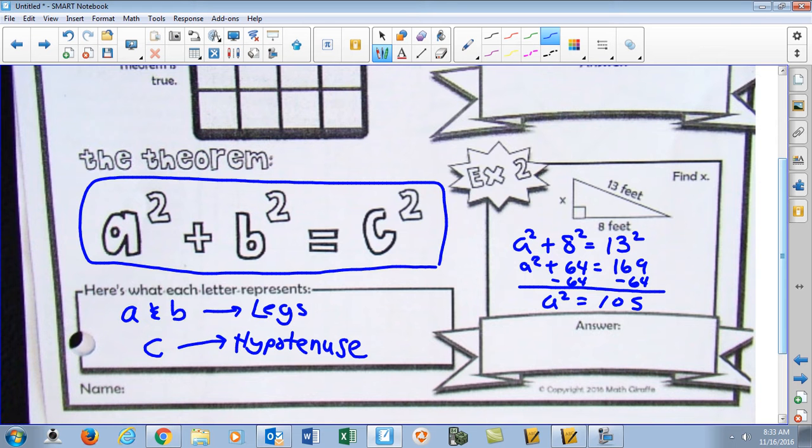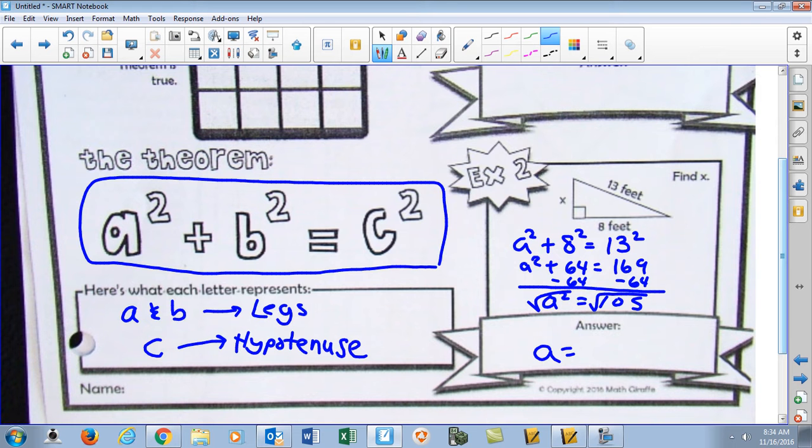So again, to isolate A, what do I have to do? I have to do something to both sides. What did we do on the top one up here? Square root, both sides. So A, the missing side, is going to equal the square root of 105, which we need to find the exact decimal for.